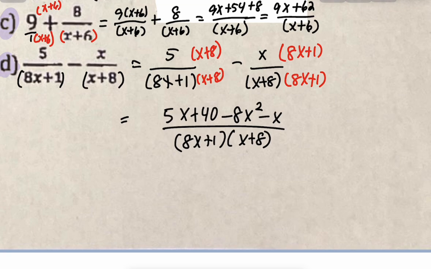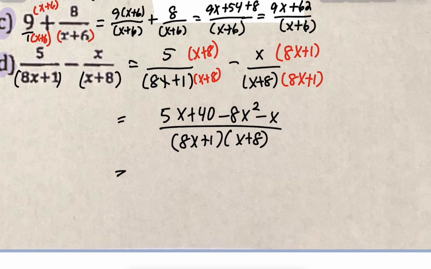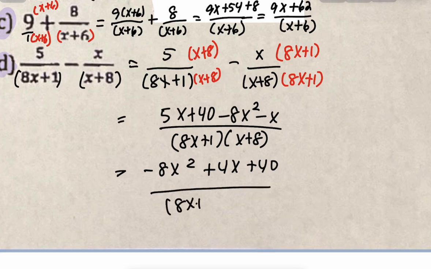Now, let's put that in descending order. And we get negative 8x squared plus 4x plus 40, and all over 8x plus 1 and x plus 8.